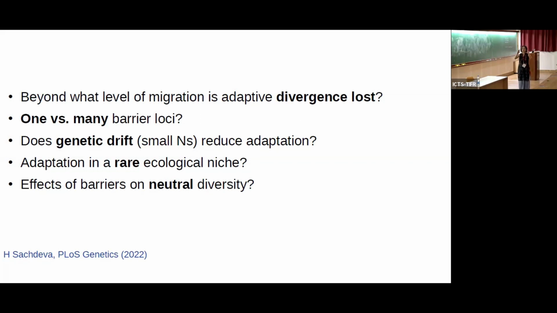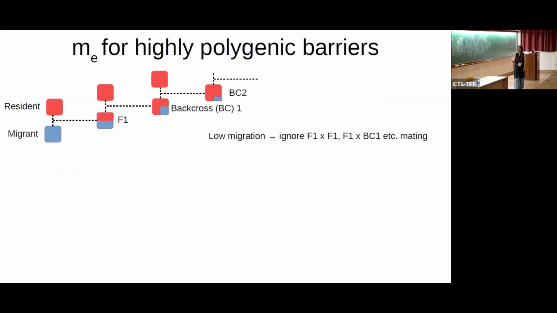What happens if you have an infinite island model, a metapopulation, and what happens in one of the niches is very rare? And also, often we don't really know what loci are selected, so we want to have some measure of these effects on neutral diversity along the genome. So these are the questions I'd like to partially answer.